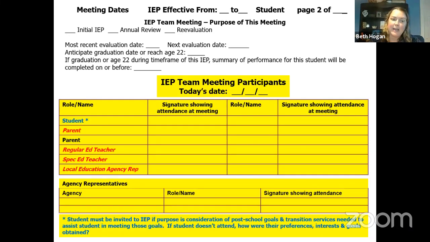Underneath that are agency representatives. When we get into this transition piece, this 14 plus, we have folks coming to the table. Some are maybe from ORS, Office of Rehabilitative Services, and they will be working as a part of your team toward employment for your students.